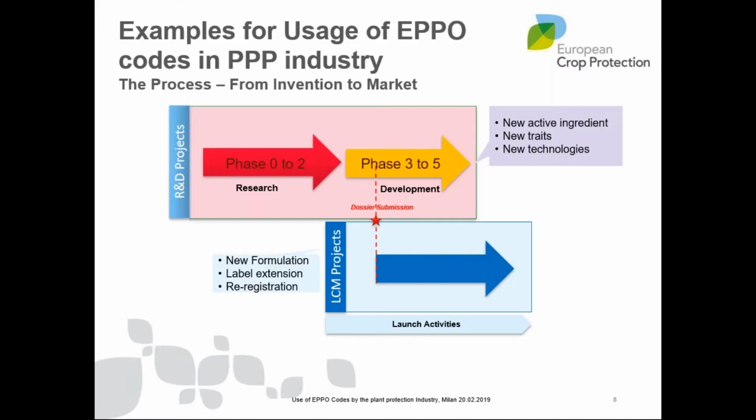So you see this upper pink box, which is called R&D projects, and is the process we have when we really develop a new active ingredient or new traits or technologies. And you see the lower blue box, which is called LCM projects, and LCM stands for life cycle management.